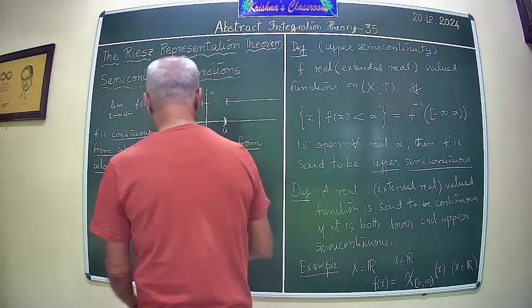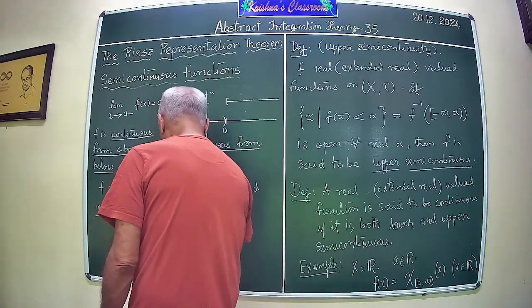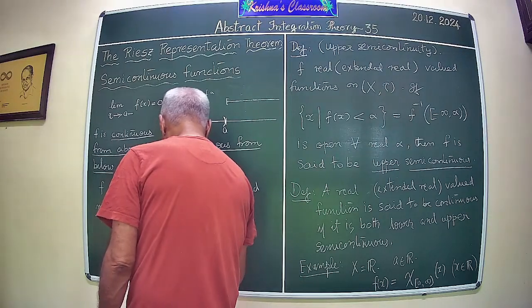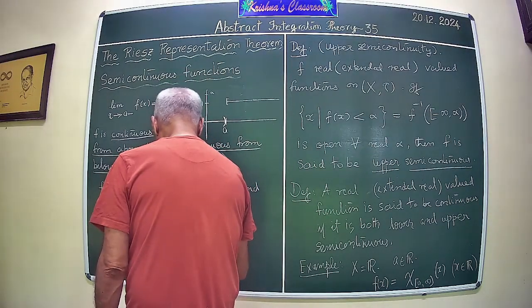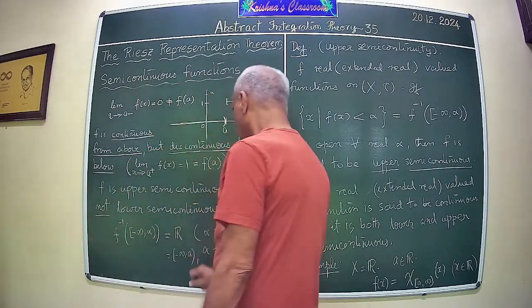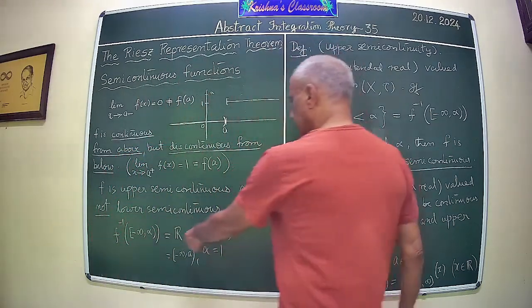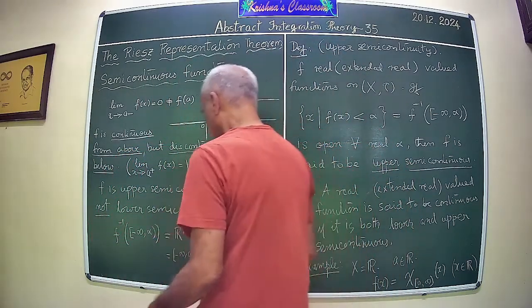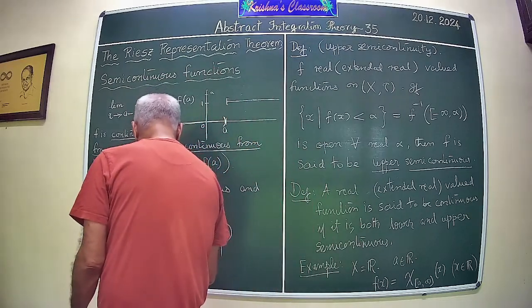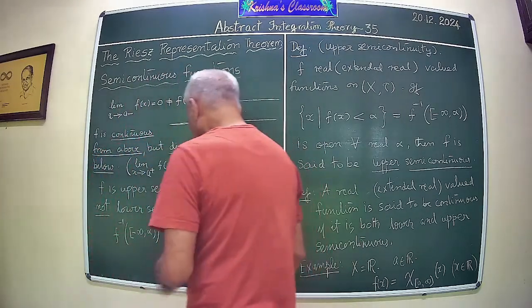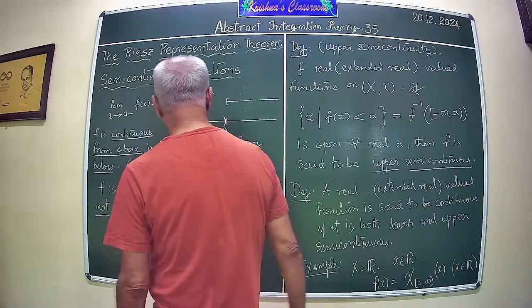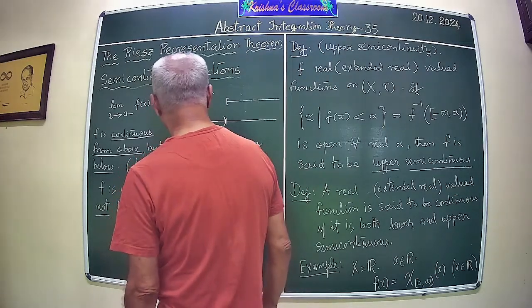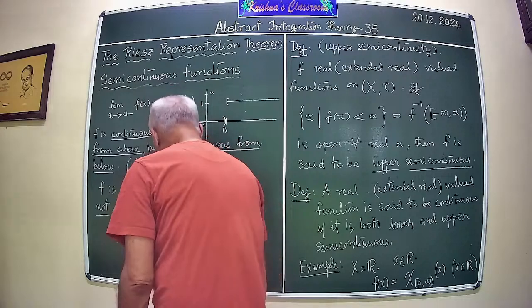So it is going to be (minus infinity, a), and this is open, and this is equal to the interval from 0 to 1.